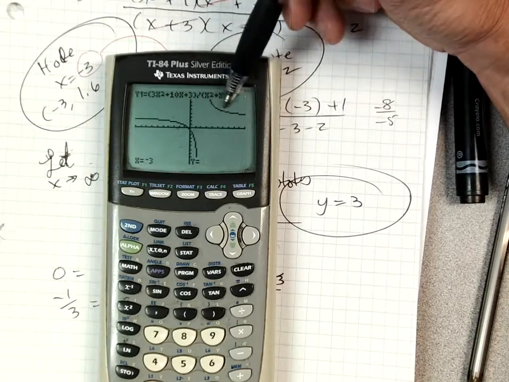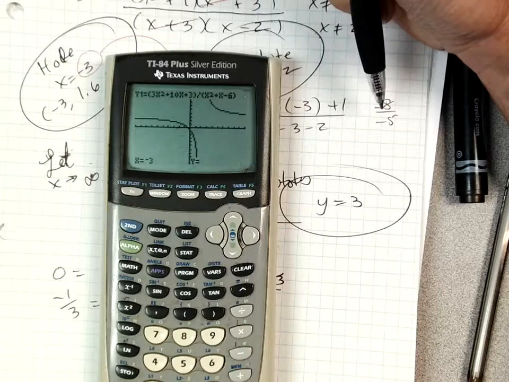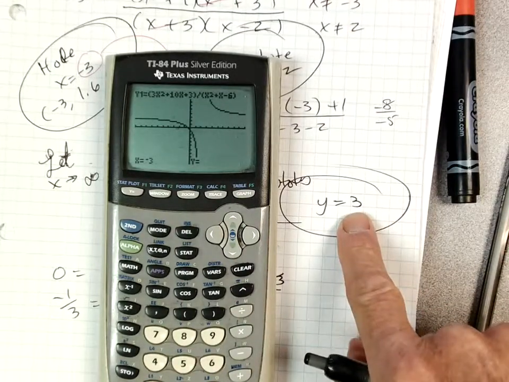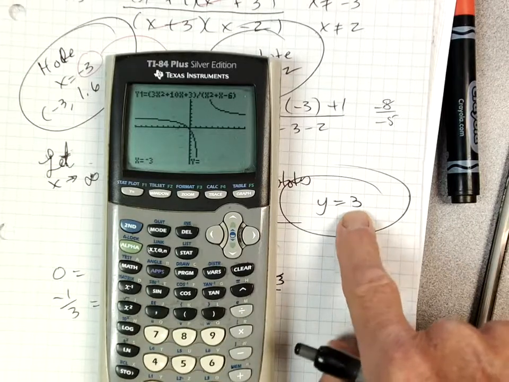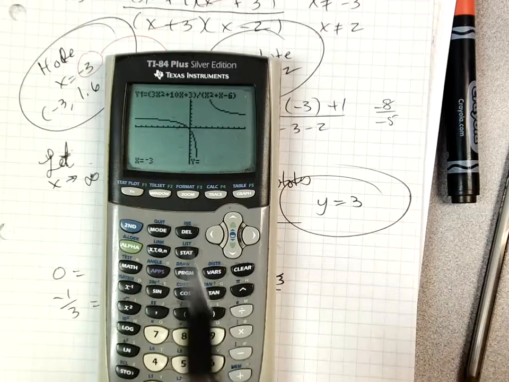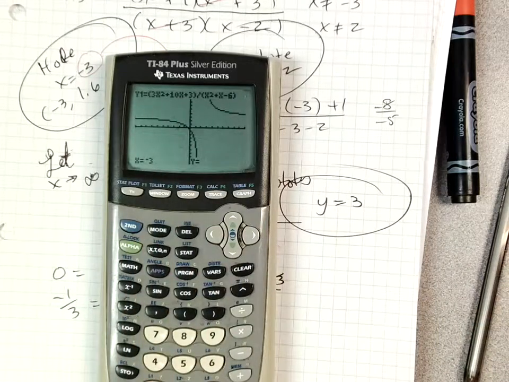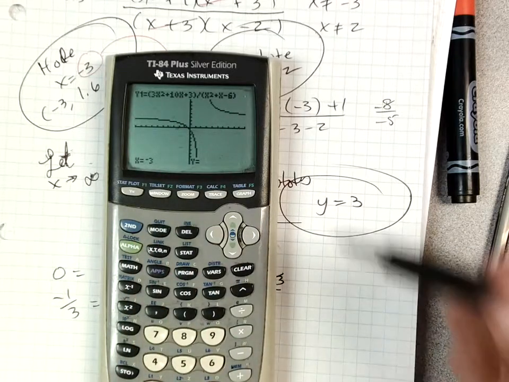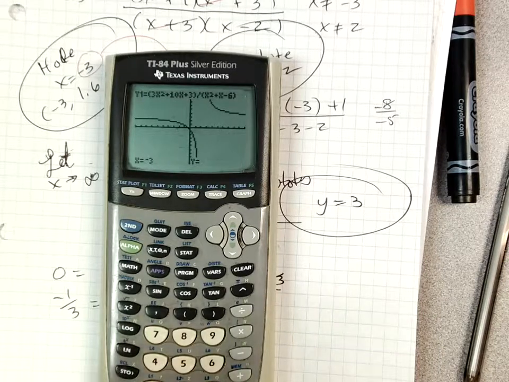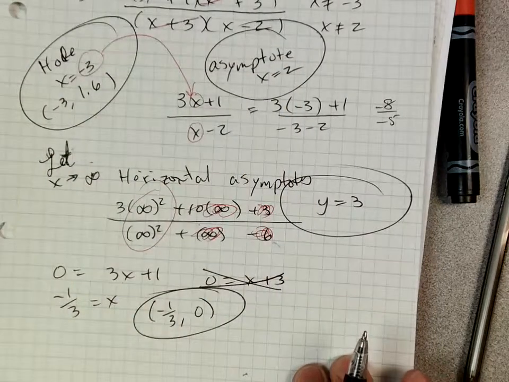So as x approaches infinity, the height of the graph approaches 3. That's what a horizontal asymptote does. It tells us what the graph is going to level off to as the x values get bigger and bigger in both directions. Both, yes. The horizontal asymptote goes both ways. Okay, right?